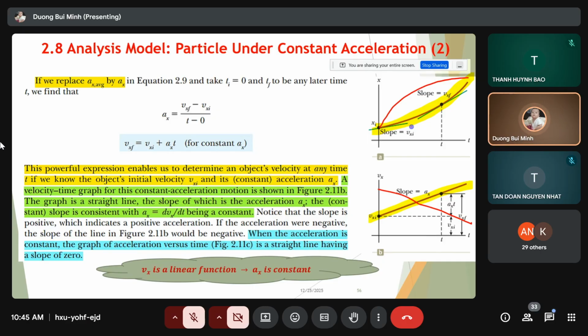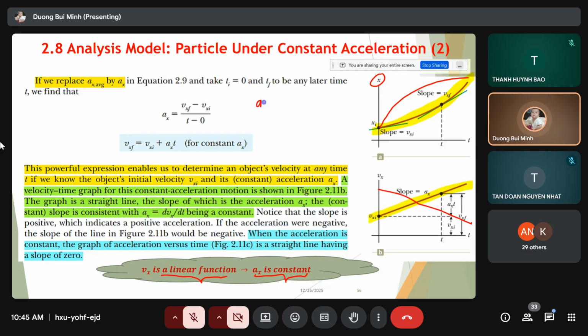It depends on Vx, and then you can get x. Look, Vx is a linear function, so Ax is constant.